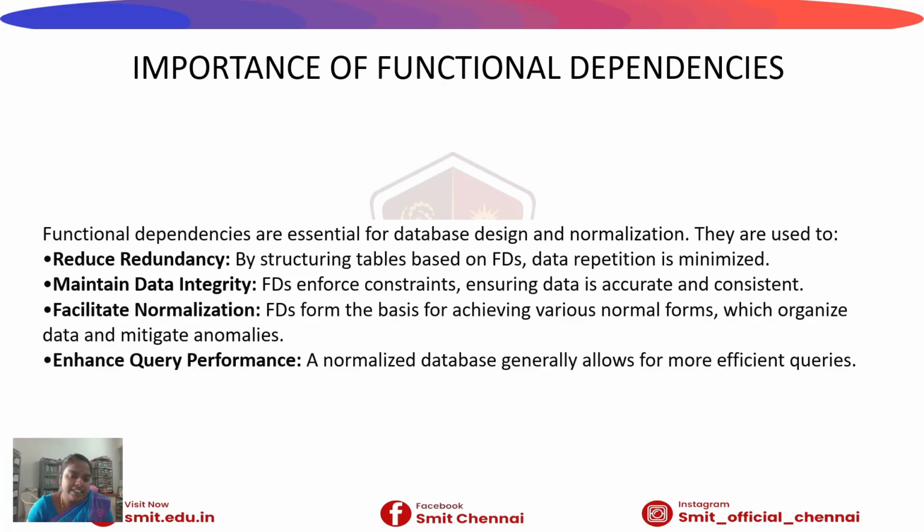Maintaining data integrity: functional dependency enforces constraints, ensuring data is accurate and consistent. Facilitating normalization: functional dependency forms the basis for achieving various normal forms, which organize data and mitigate anomalies. Enhancing query performance: a normalized database generally allows for more efficient queries.